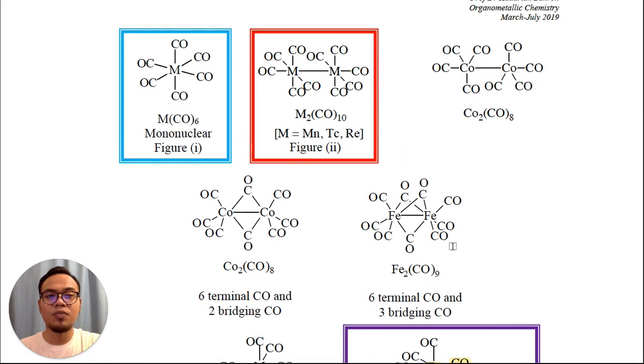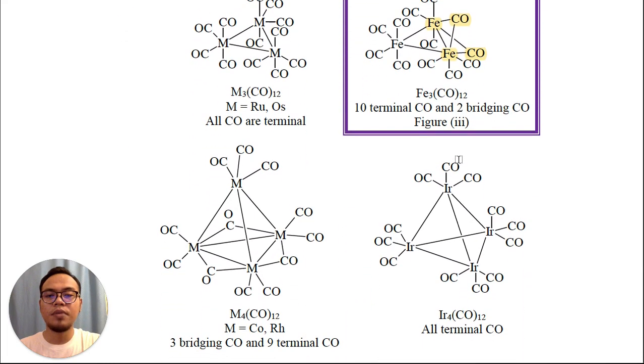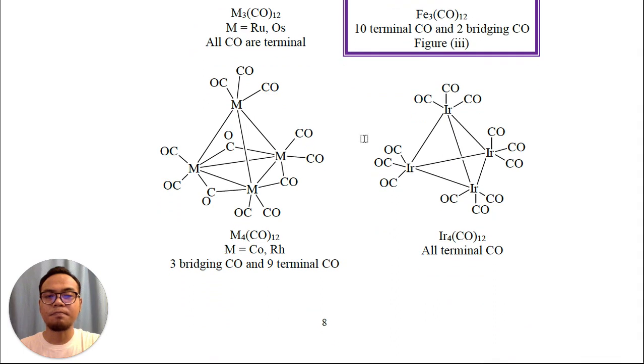For example, what would be the best EAN for cobalt in this complex? Or what would be the best EAN for this complex? We have M here, and M can be cobalt or rhodium.